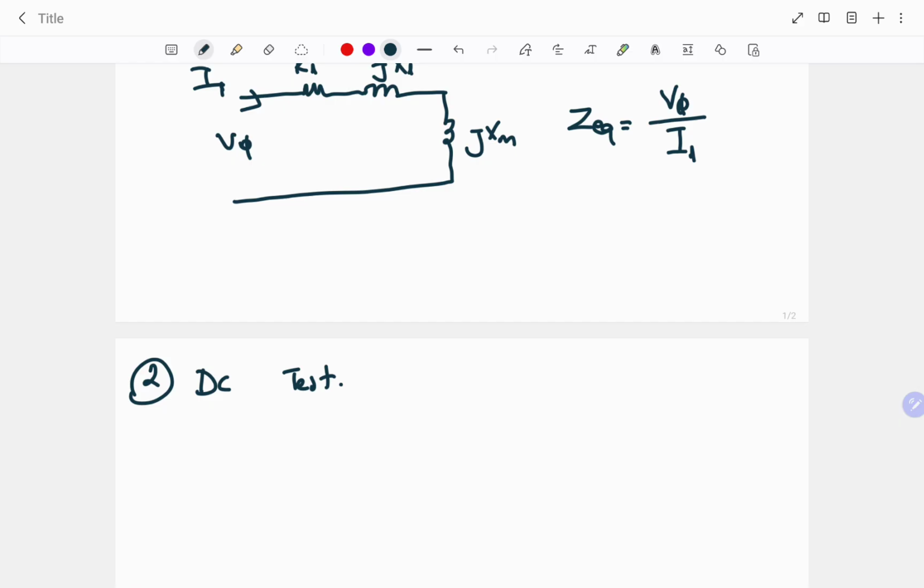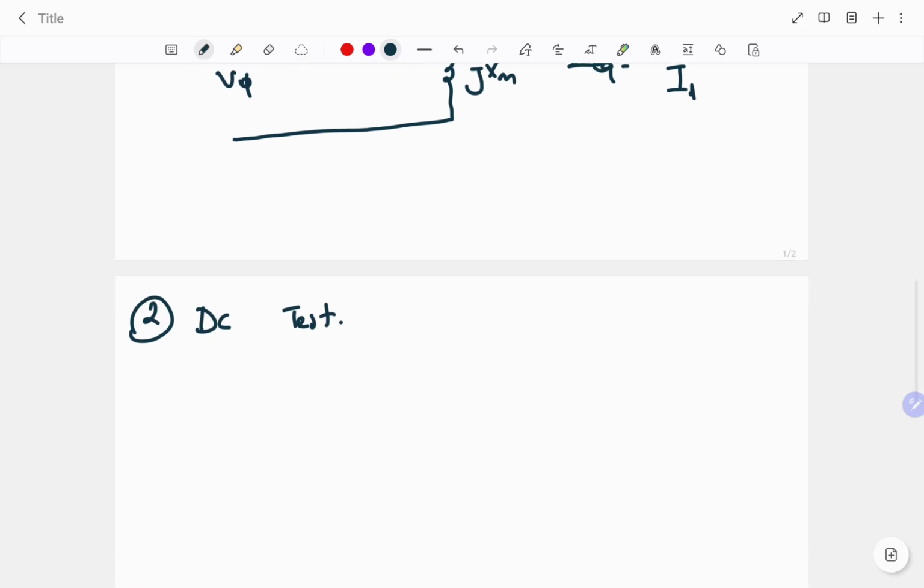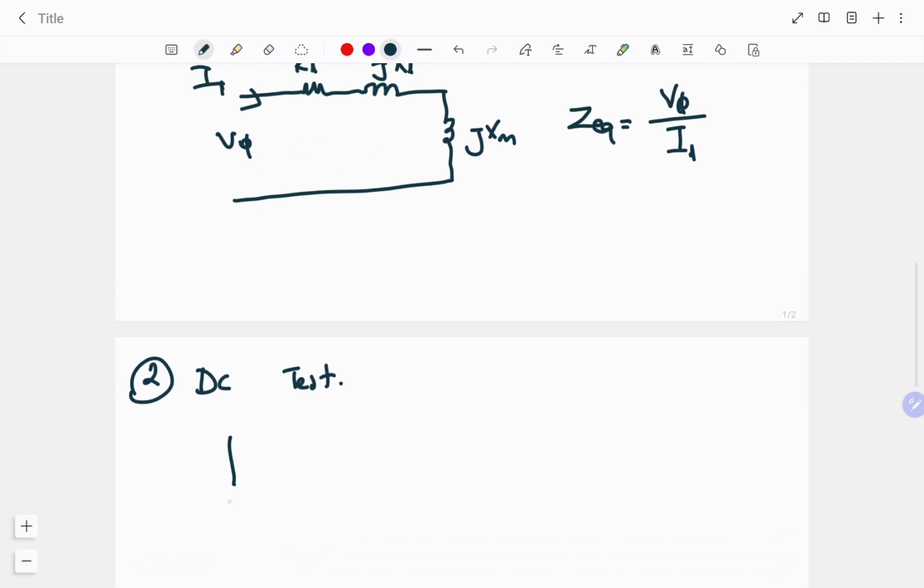When we apply DC voltage, all the reactances and the operation related components will be neglected, so only the stator winding resistance will remain in the circuit. If we apply a DC voltage through the terminals, we measure the input current and the voltage.